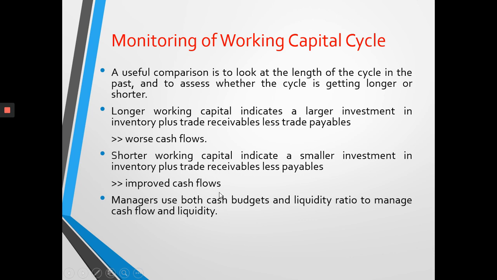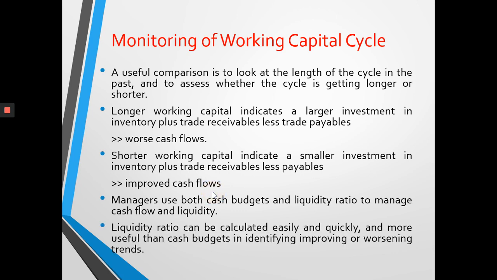So managers use cash budgets and liquidity ratios to manage the cash flow and also liquidity. They have to manage the cash flow and how liquid their company and assets are. It's very important to manage the day-to-day operations. Liquidity ratios can be calculated easily and quickly, and are more useful than cash budgets in identifying and improving worst trends.